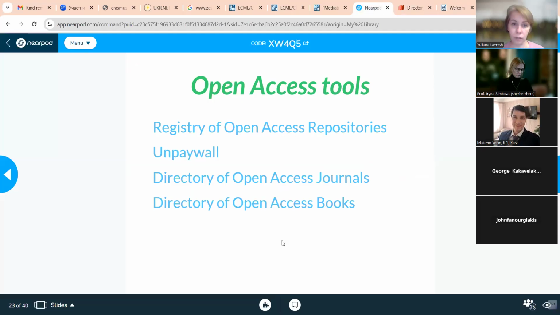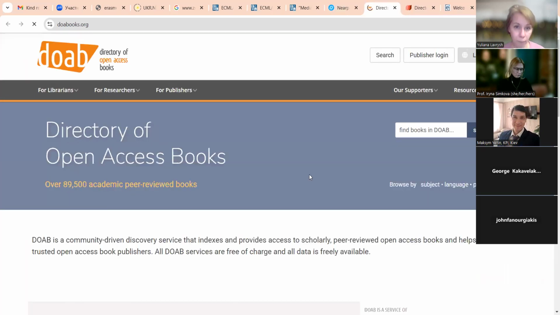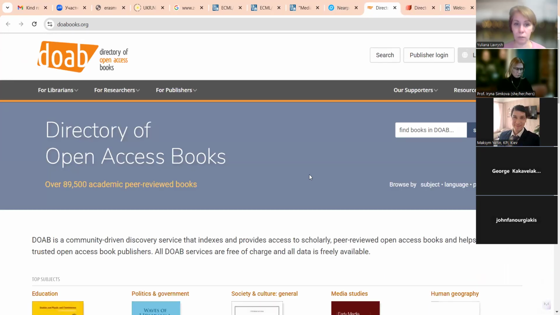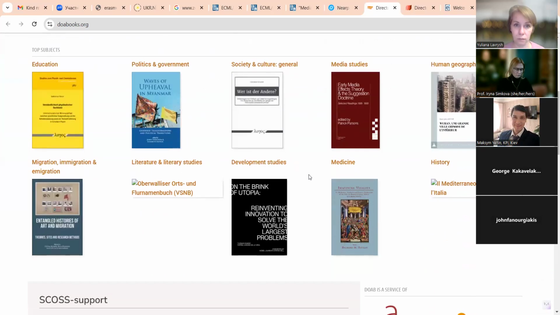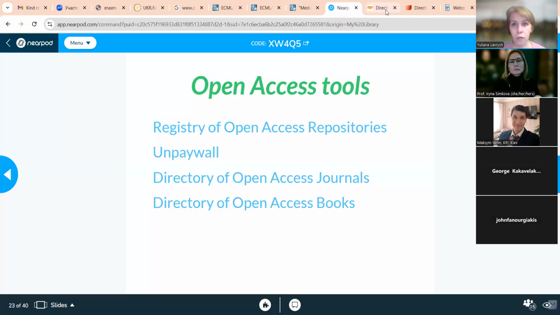Even there is a repository of open access books. Of course, you can buy something if you want, but you can find some books absolutely in open access. Also, you can use this search option, and please, voila, you have this peer-reviewed open book. So it is possible due to open access tools.